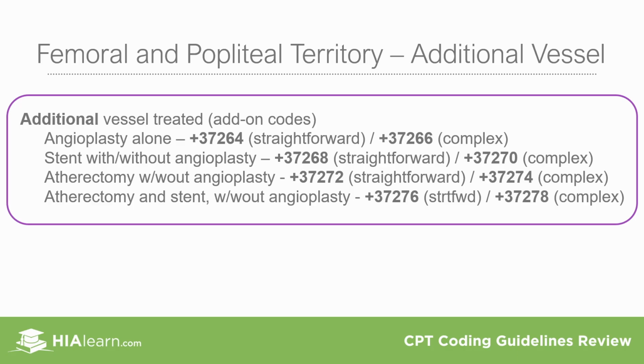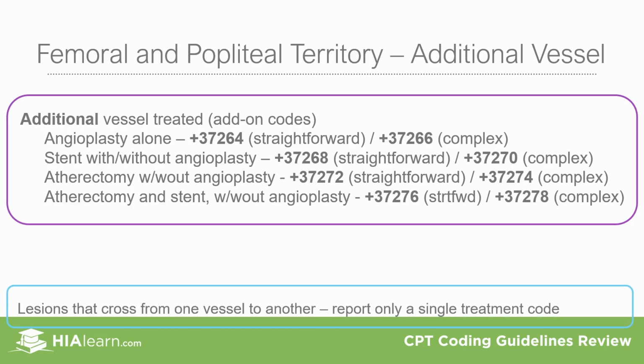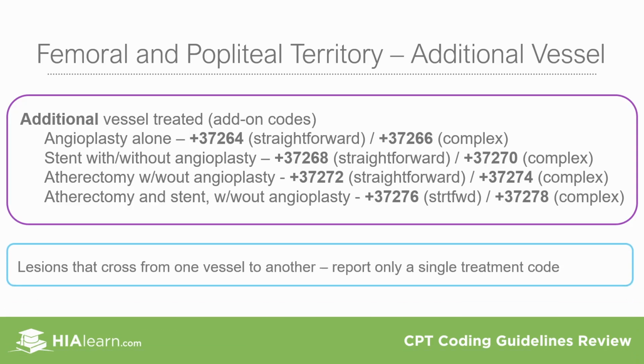Codes 37264, 37268, 37272, or 37276 are assigned for treatment of straightforward lesions, and codes 37266, 37270, 37274, or 37278 are assigned when complex lesions are treated. Lesions that cross from one vessel in the femoral and popliteal territory to another vessel in the same territory are reported with only a single treatment code for an initial vessel.